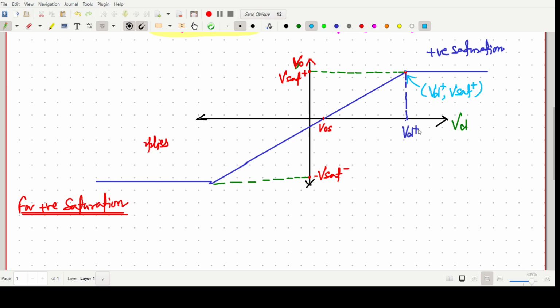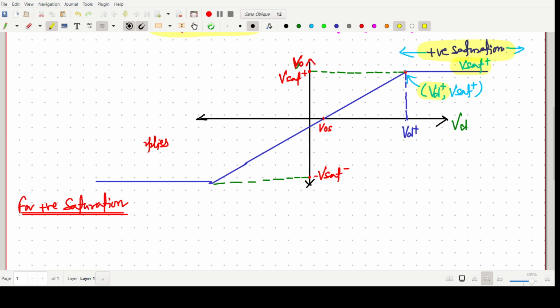I am saying this one is Vd plus, so we can write this point as Vd plus and V sat, because this whole line is V sat plus for the positive saturation.